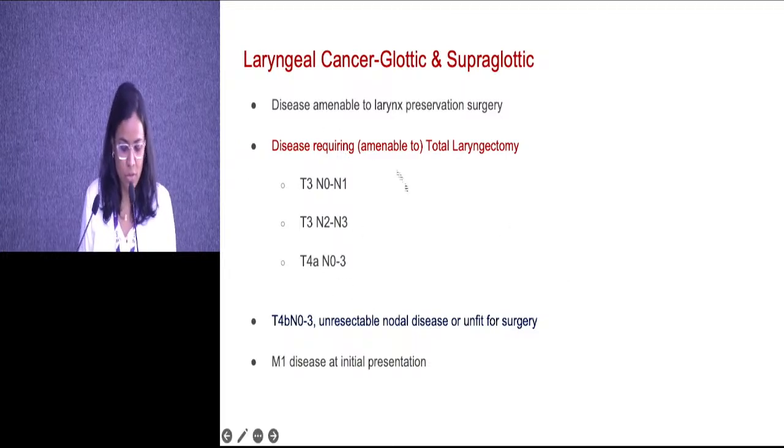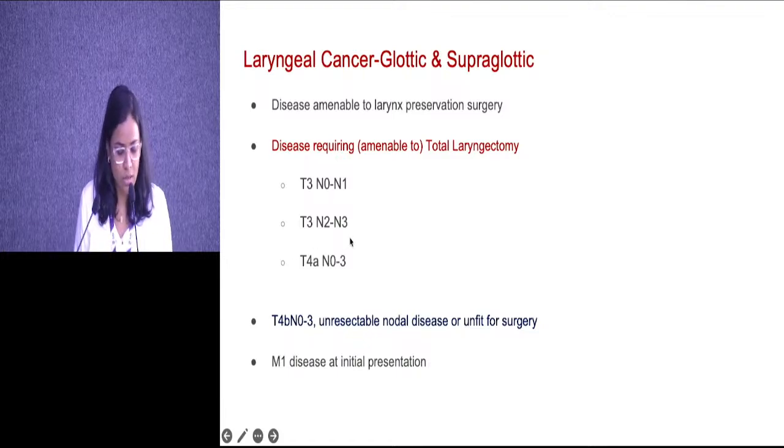We are going to look mainly at the role of neoadjuvant chemotherapy in organ preservation, that is, laryngeal cancers where laryngectomy is indicated but we would want to preserve the larynx because it is functional, and a few patients with very advanced disease such as T4 disease, and what its role is versus chemoradiation in such settings.